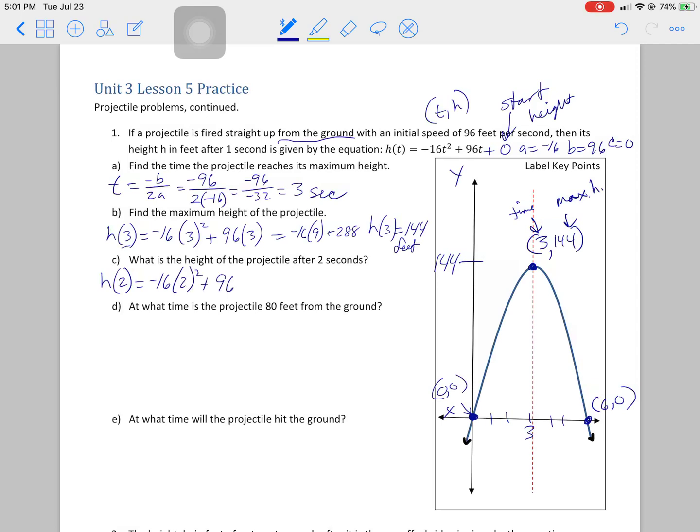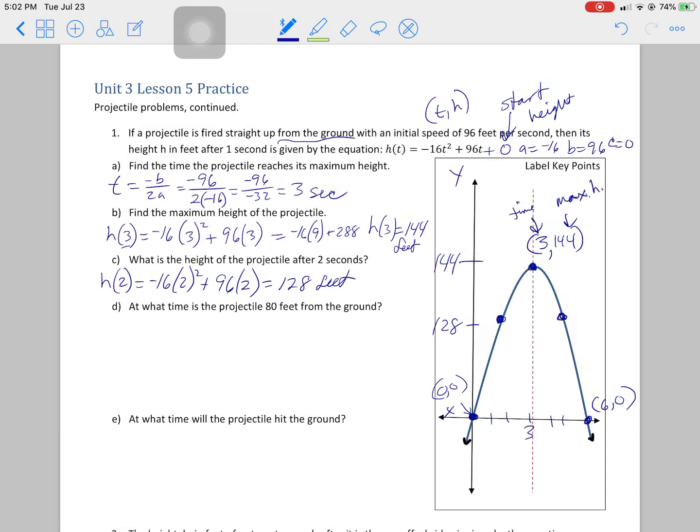You have to be ready to answer whatever questions they ask about this function, okay? So this is going to come out to 128 feet. So at 2 seconds, 128, right?